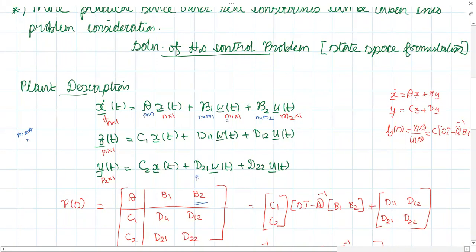See, what's the size of your W vector? It is M1 cross 1. Agreed? And size of the output vector is P2 cross 1. So what should be the size of D21? It should be P2 cross M1. Then only it will be compatible.